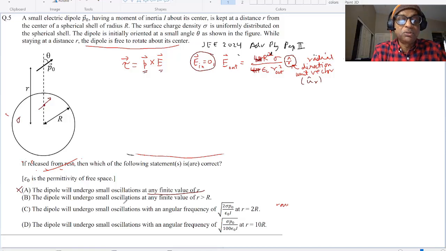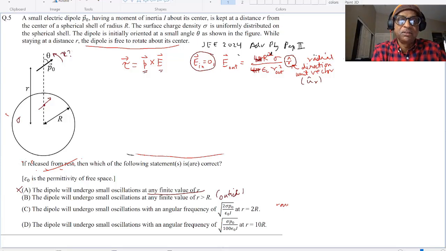It will undergo a small oscillation at any finite value of r greater than R, so it's outside. This is the outside, right? So we're looking at this situation. Let's see if there is a restoring force. If the dipole is pointed that way, does the torque point that way?